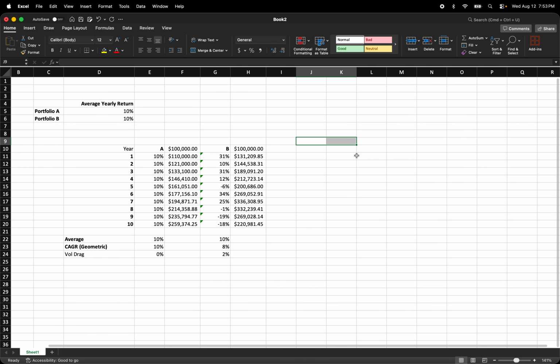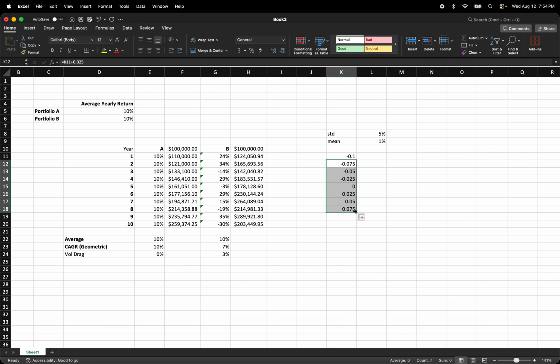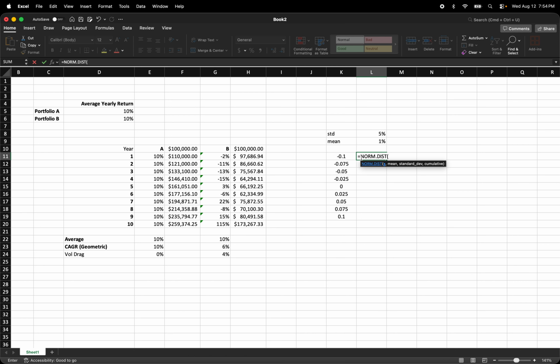One consequence here is if you did something like 5%, and then mean 1%, and then 10. I'm trying to show you some math here: the normal distribution of x, with mean and standard deviation, no cumulative.